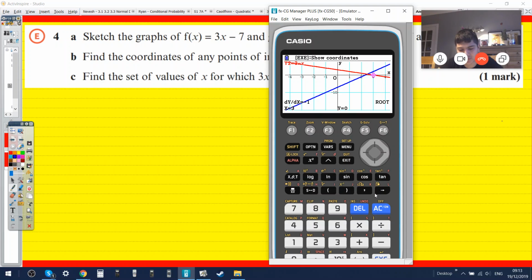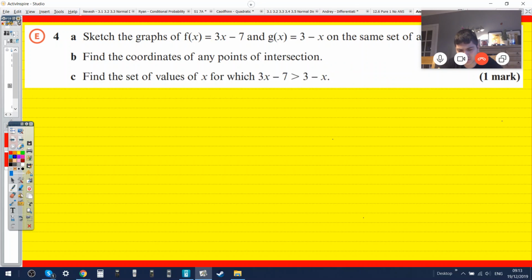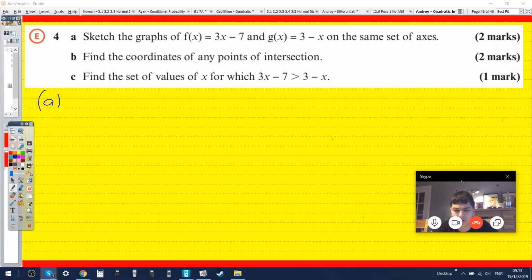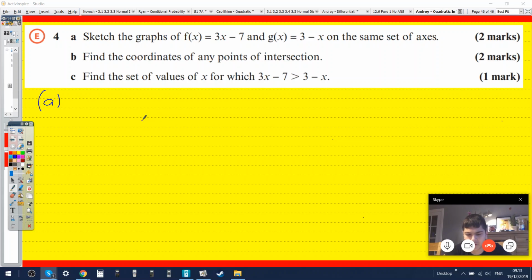I seem to have the same lines. Did you get the root? What does that mean, sorry? Where it crosses the x-axis. I've got 3.